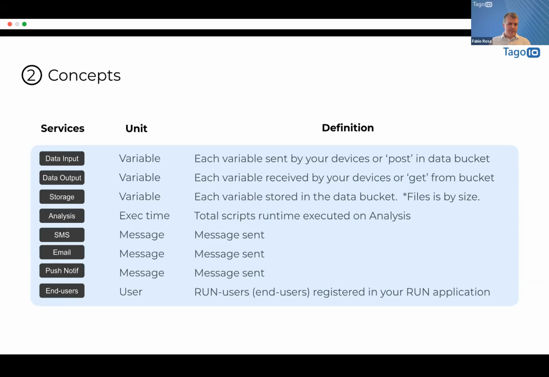Then you have the analysis. Analysis will allow you to run scripts. We measure these by the execution time, the runtime, and we use the granularity per second. For example, if your analysis takes 1.9 seconds to run, we round that to 2 seconds.